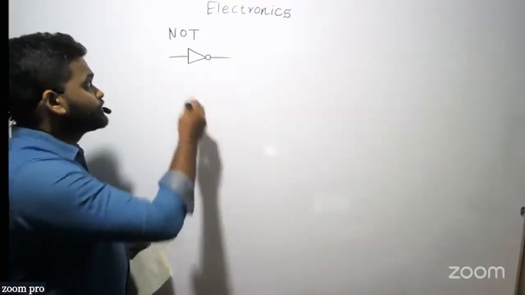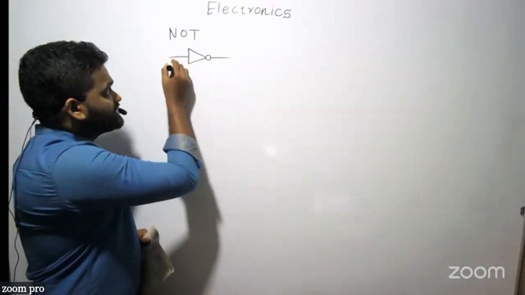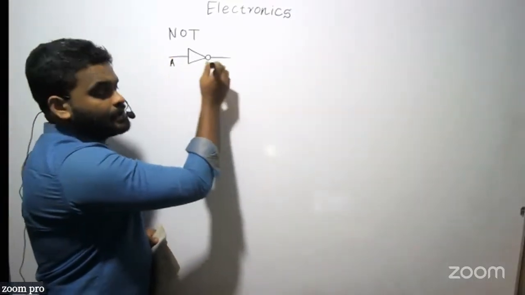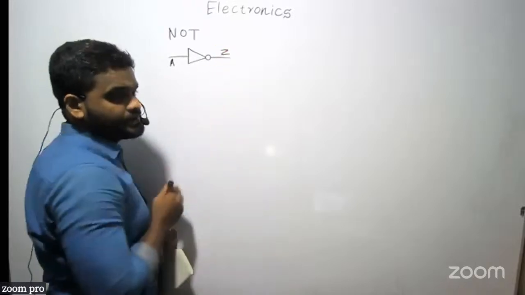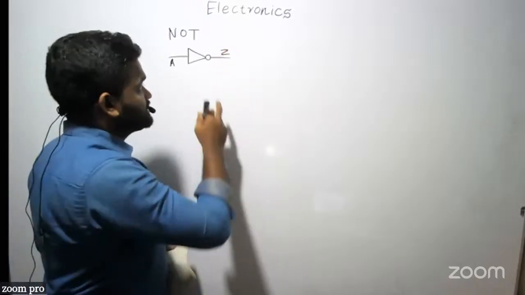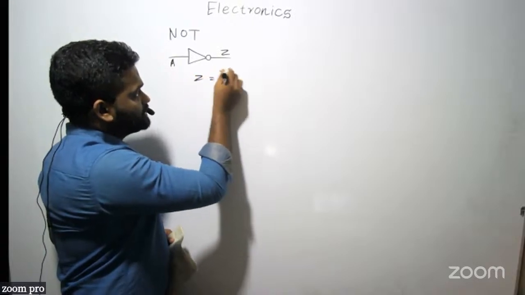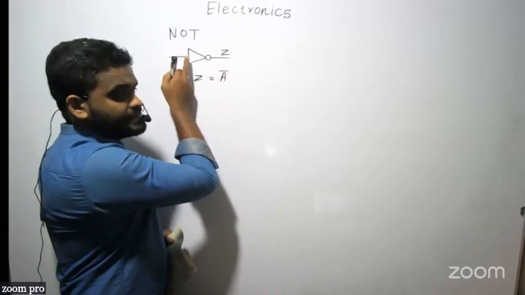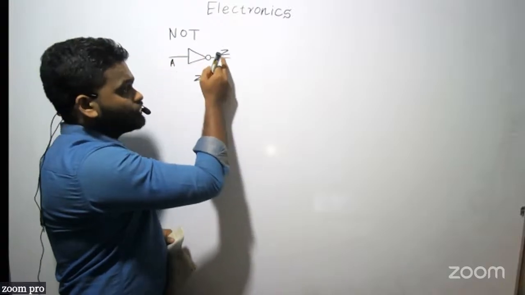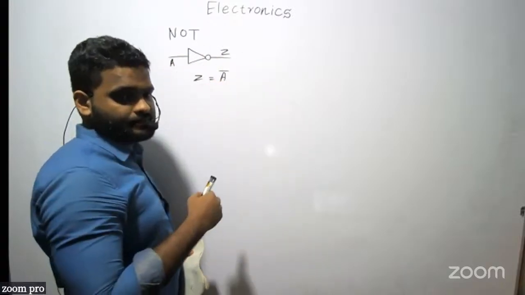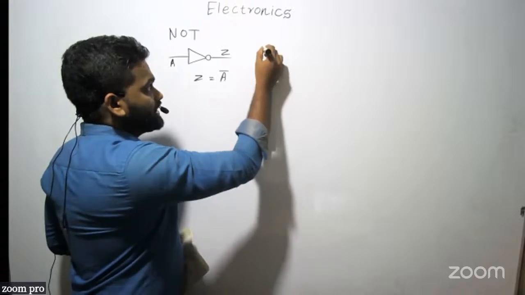When you provide an input, let's say the input is capital A, you get an output. We call this the Boolean expression. Whatever we give as input, the output is the inverse of that. Then we can draw a truth table.